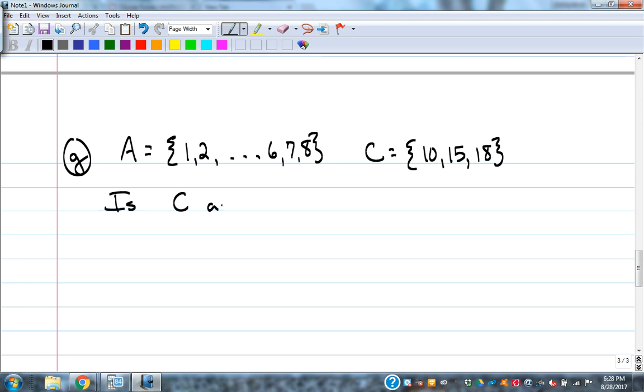Is C a subset of A? No. So we could write that with notation. C is not a subset of A. So if I want something to not be, what do I put through it? Slash it. Yeah, slash through there. C is not a subset of A. That's what that notation says.